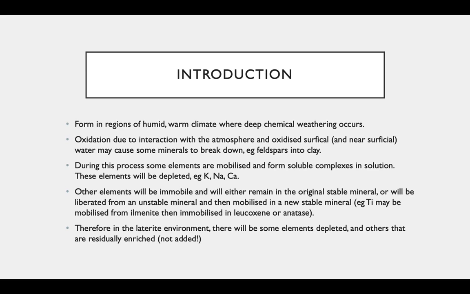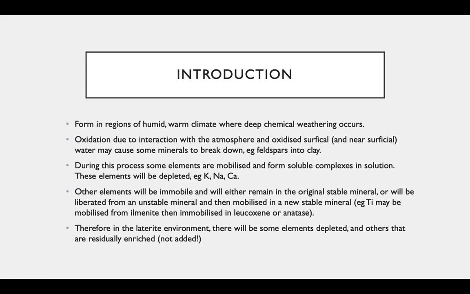So the broad idea is that, at least initially, if we have rocks that are progressively weathering, we can mobilize certain elements. They're leached from the profile, and the other ones are retained. They're relatively immobile and they concentrate.